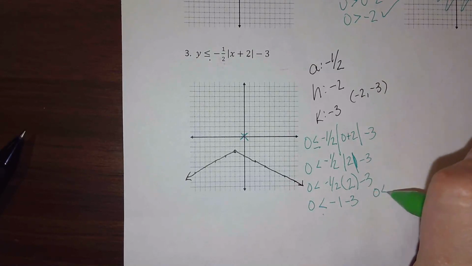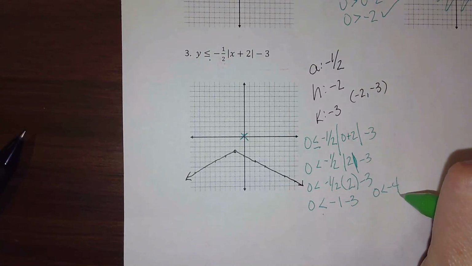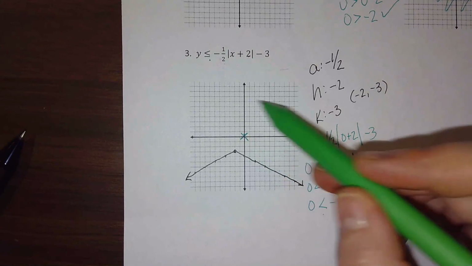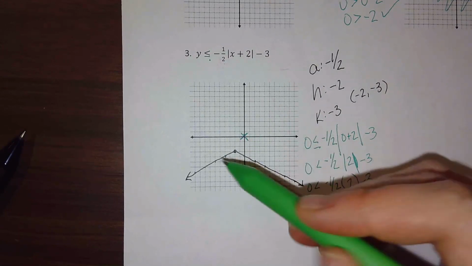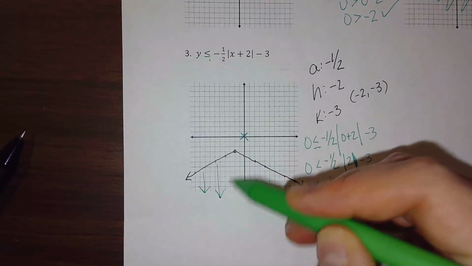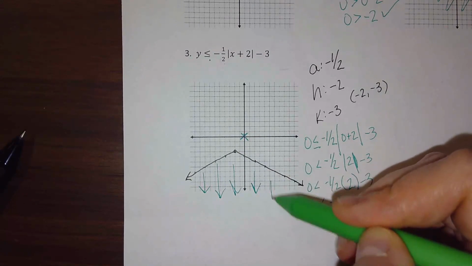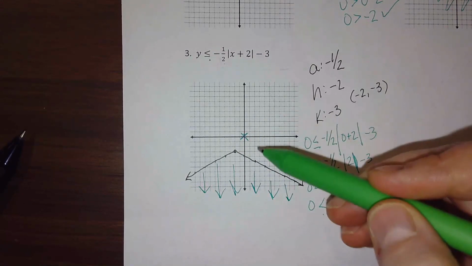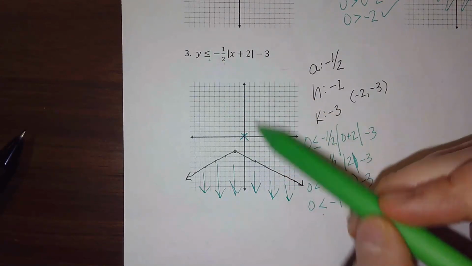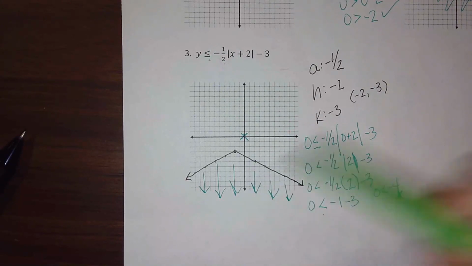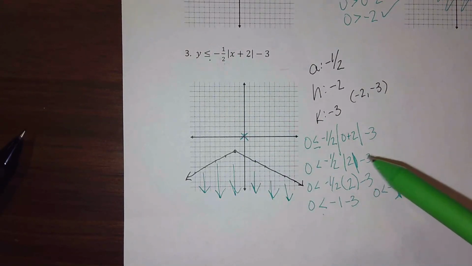And that gives me 0 is less than negative 4, which is not true. Since that is not true, I don't shade this region. I shade the region that is down below. Also, it says I want all my y's less than this point, so down below, but I always double check in case I graphed wrong.